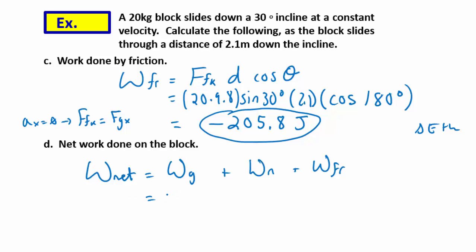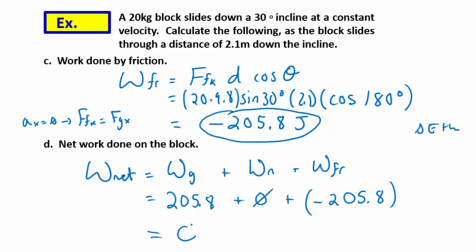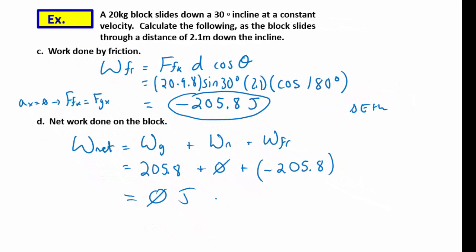So gravity was adding energy to the block. The normal force was not adding or removing any energy, and the force of friction was removing all the energy that gravity was giving it, turning it into heat as it was going down the ramp. So the net work done on the block was actually 0 joules.